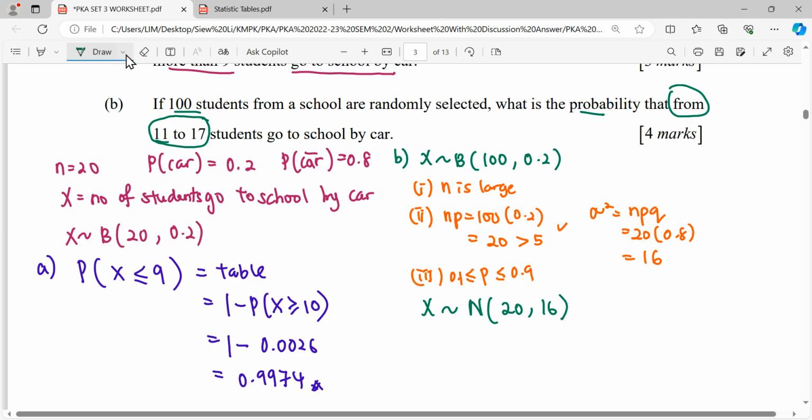Then go back to the question. The question is asking, out of this 100, the probability from 11, which is included, up to 17.